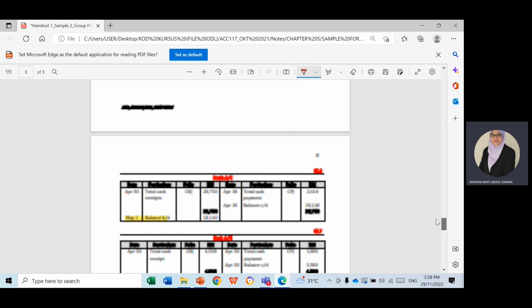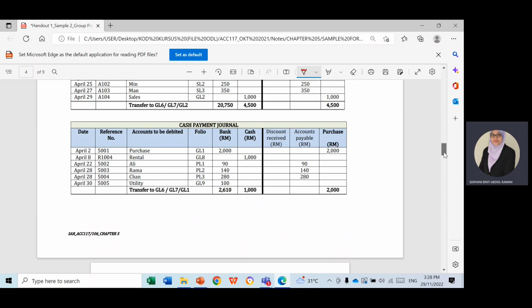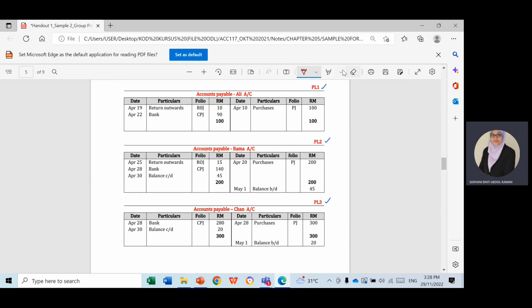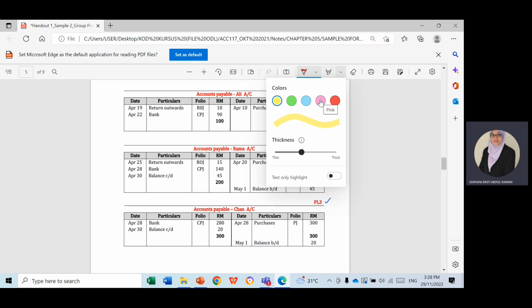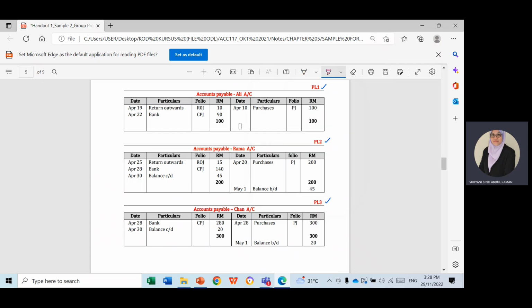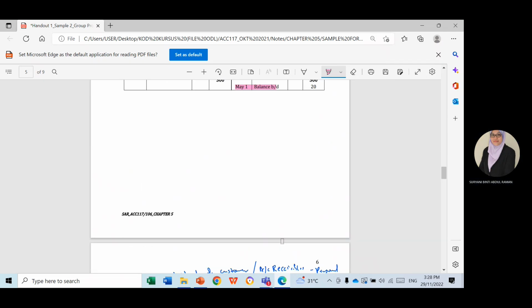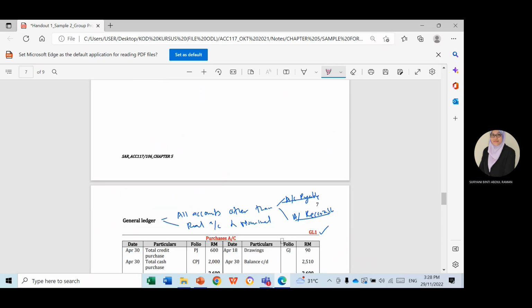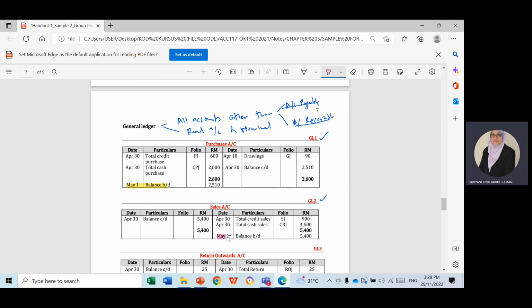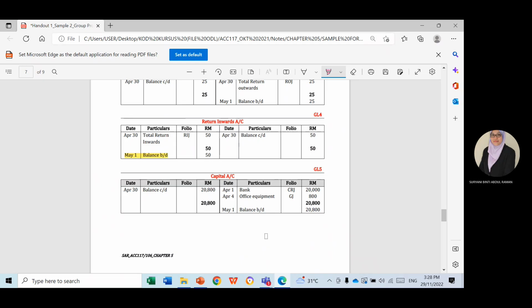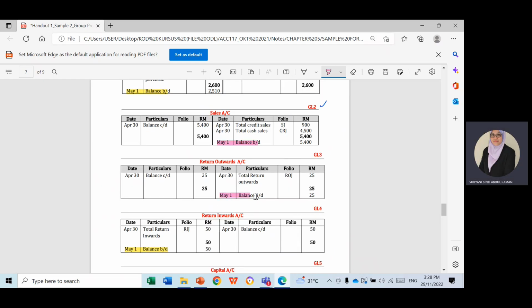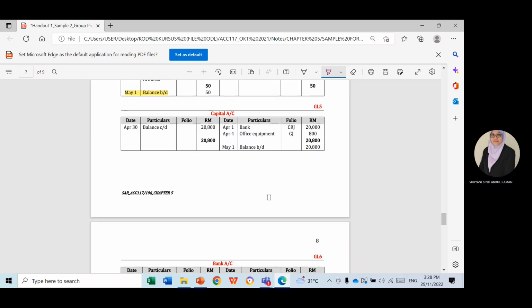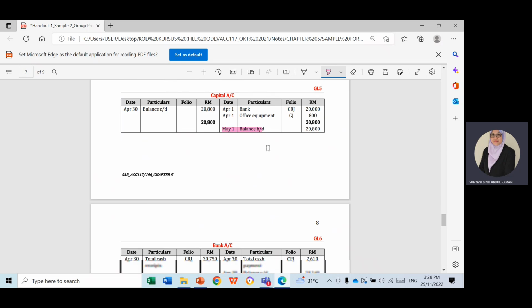And we do the same thing. We will close all the other accounts. So the rest, we will close. For example here, we have credit balances for the Rama account, Chan, the sales account, the return outward account, and the capital account.